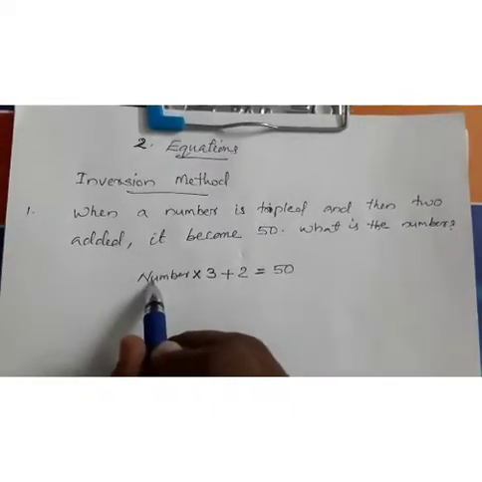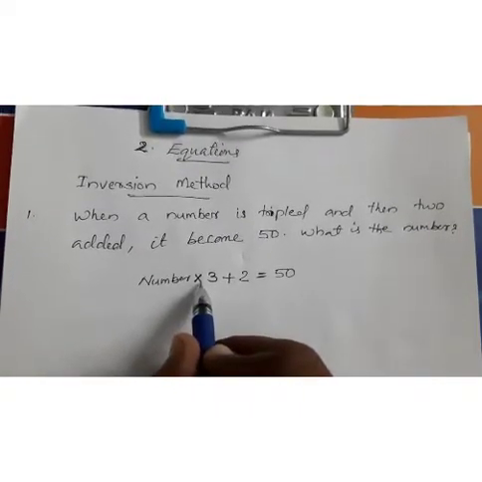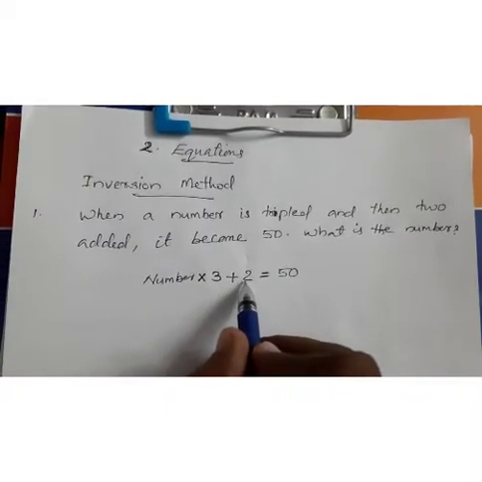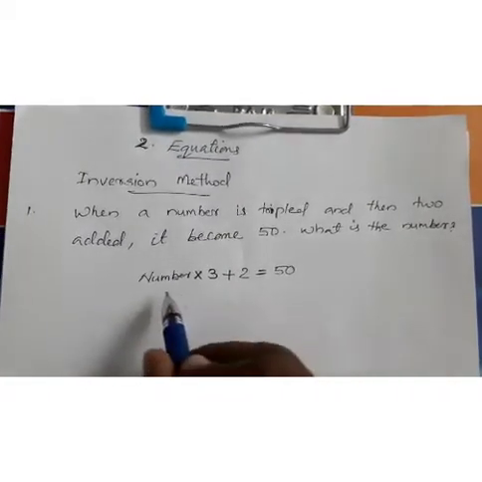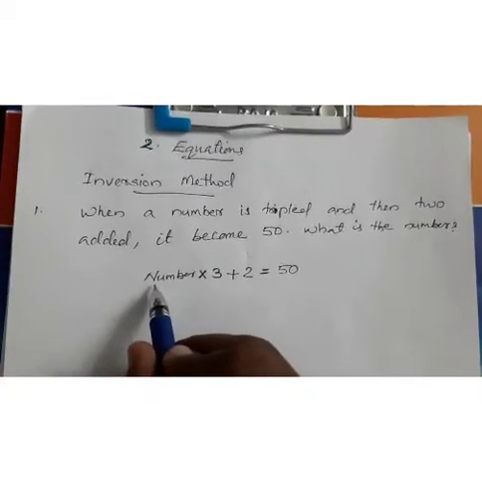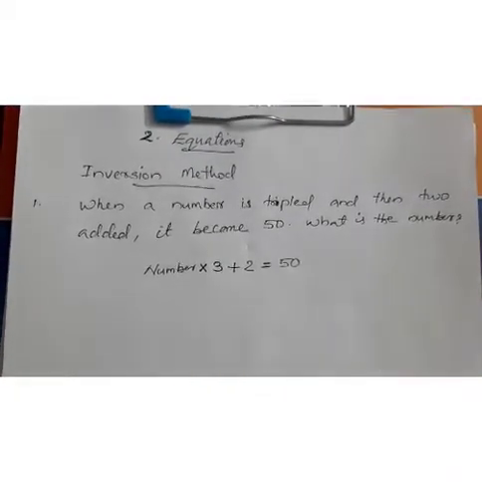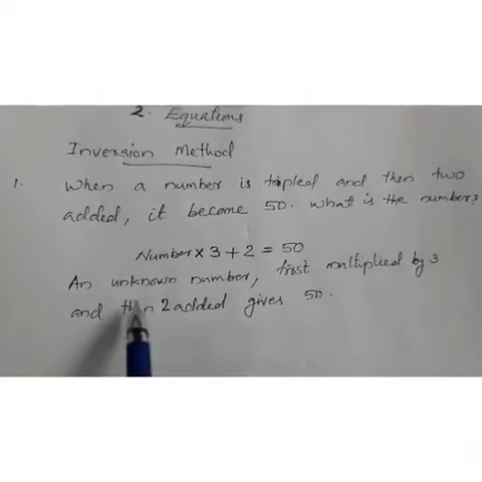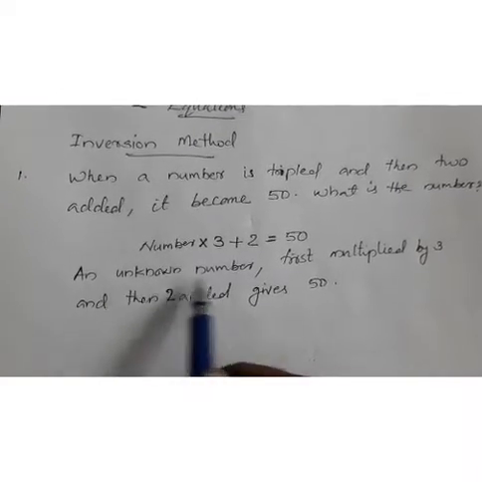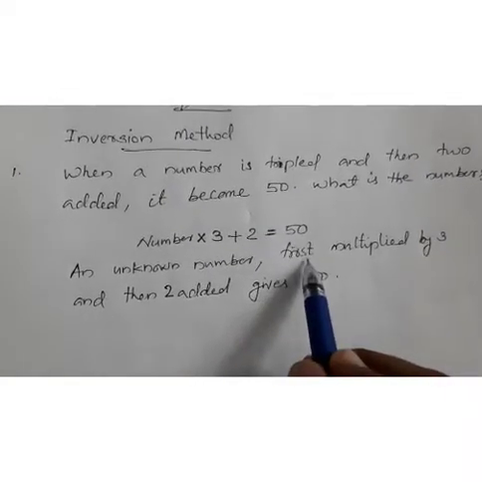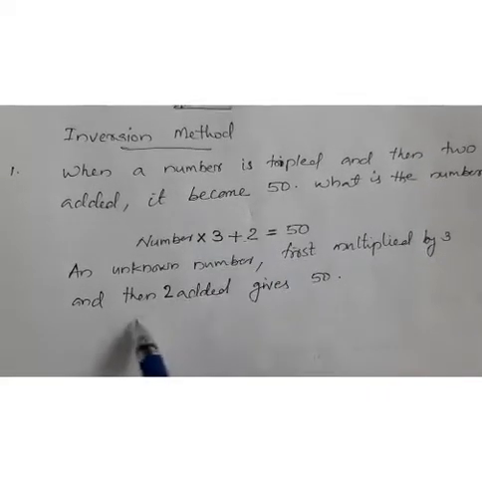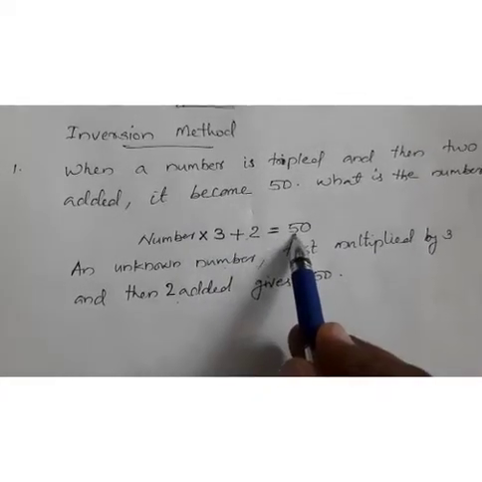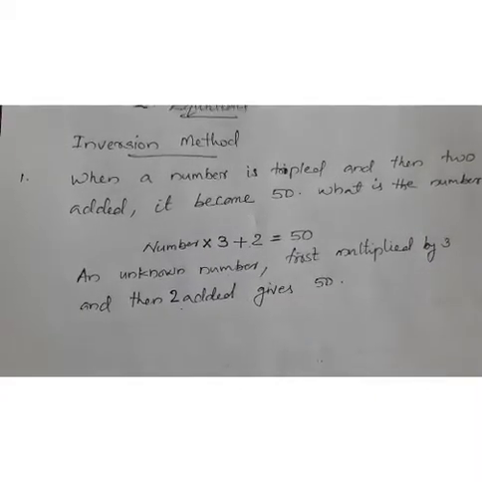An unknown number multiplied by 3 and added 2 gives the answer 50. We have to find that unknown number. This is the meaning of the question.